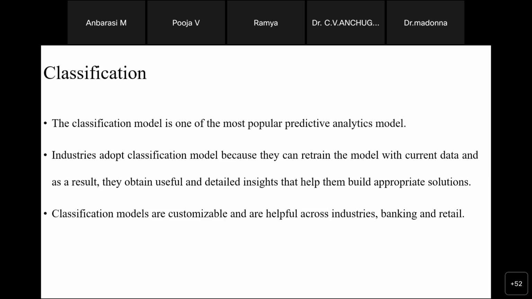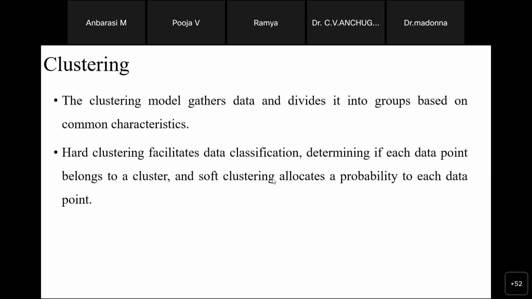These classification models are customizable and helpful across industries, even the banking system, the medical field, and fraud detection. In most applications, they can use these classification algorithms.